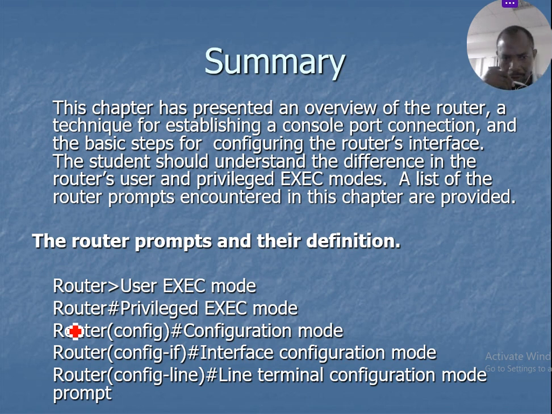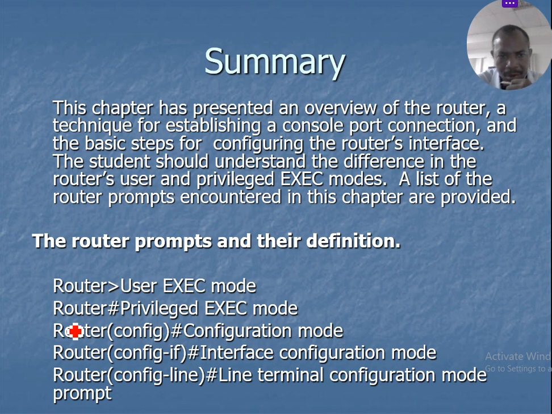Chapter 7 part 3 was the router user execute mode, and part 4 was specifically on the router privilege execute mode. Then here is the list of the router prompts and commands that we've learned in this chapter.